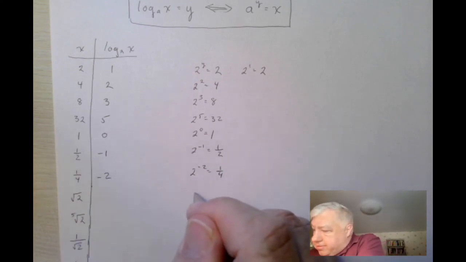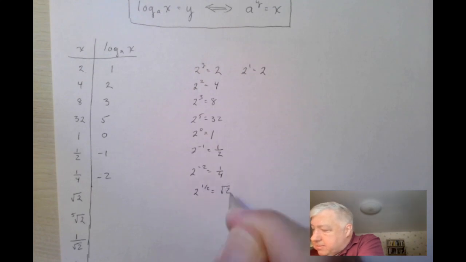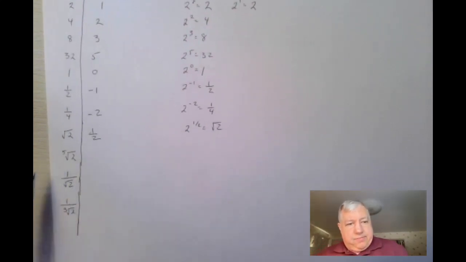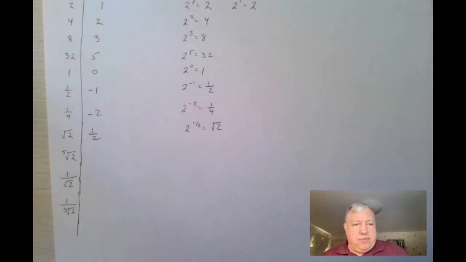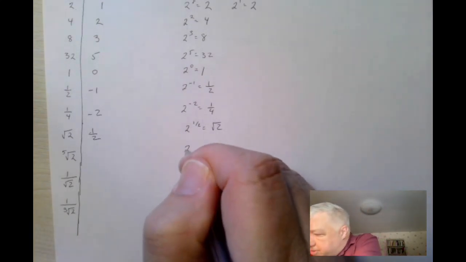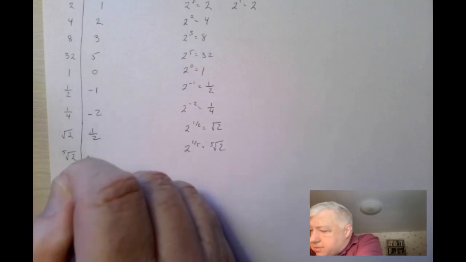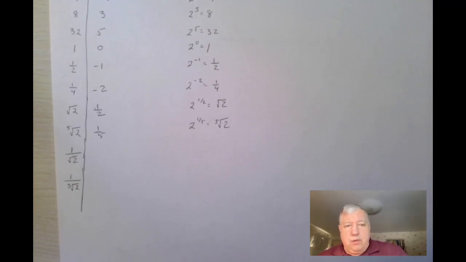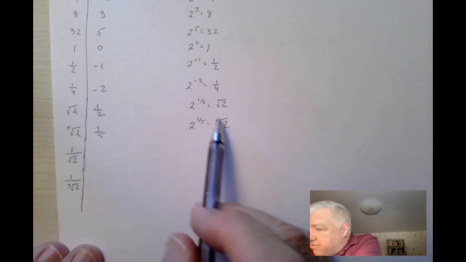We know the square root of 2 is 2 to the 1/2. So this would be 1/2. The fifth root of 2, we know 2 to the 1/5 is the fifth root of 2. So this is 1/5. How is this a power of 2? Well, this is the reciprocal of this, right?